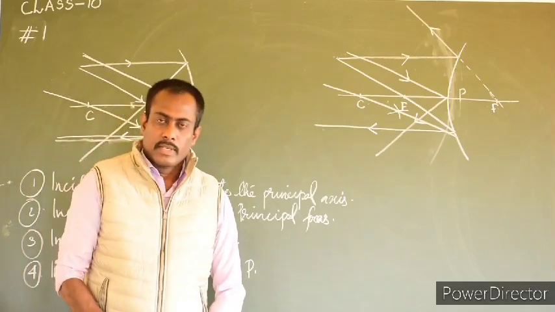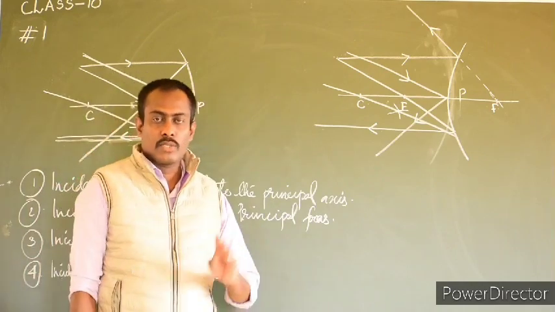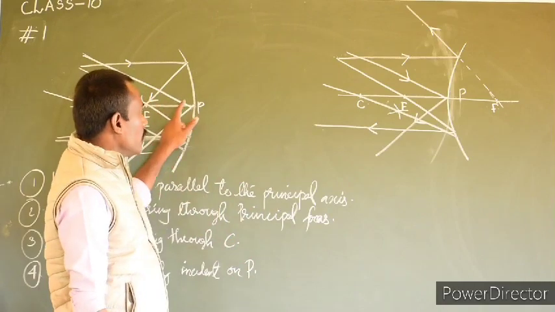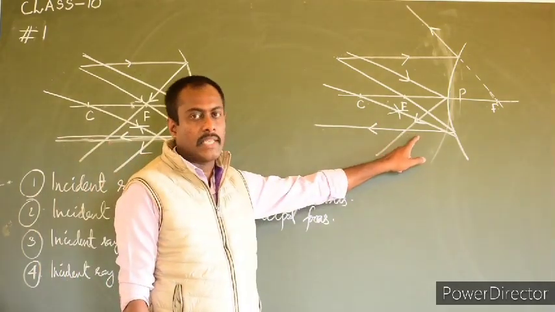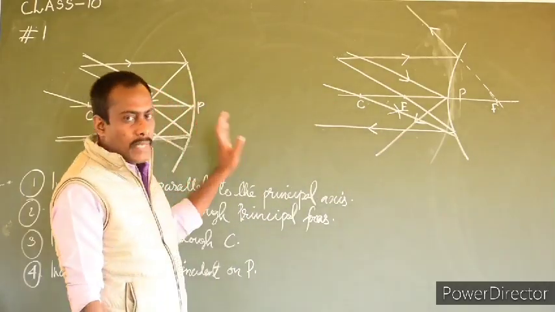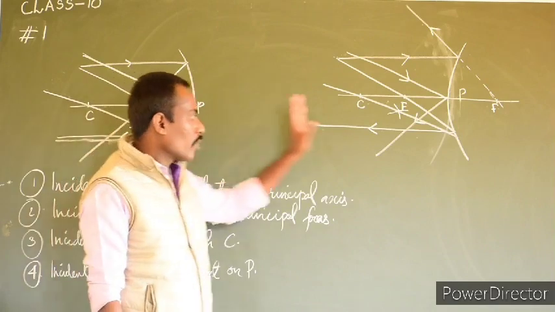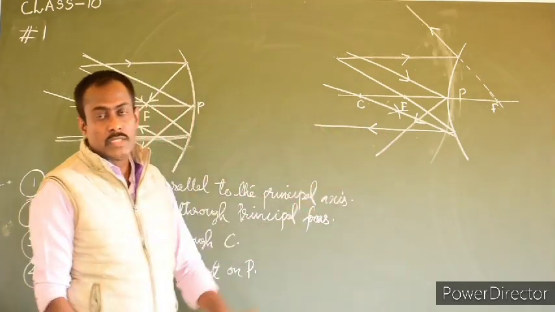And now we are going to discuss the image formed by a concave mirror and a convex mirror separately, and what happens to the image on the basis of the various positions of the object.